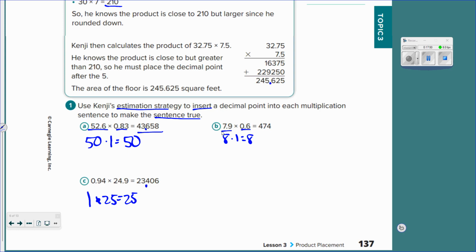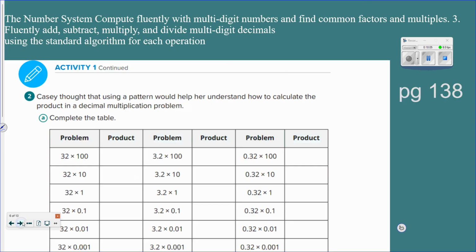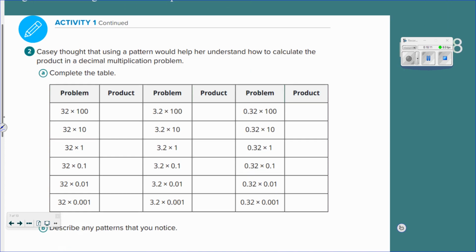Between the 4 and the 7. Four is close to 8. Okay. So we'll check the recording to be sure, but I'm pretty sure I did it right. Okay, go to the next page.